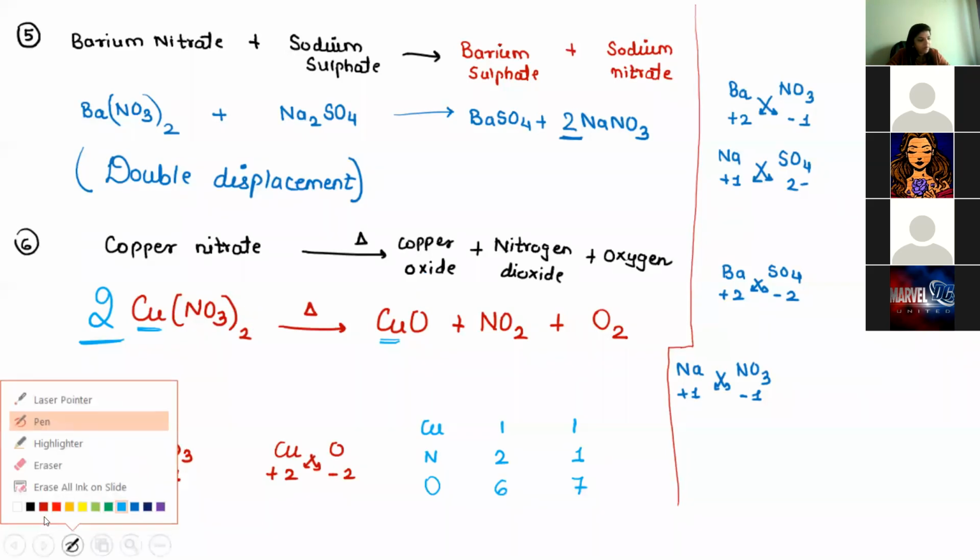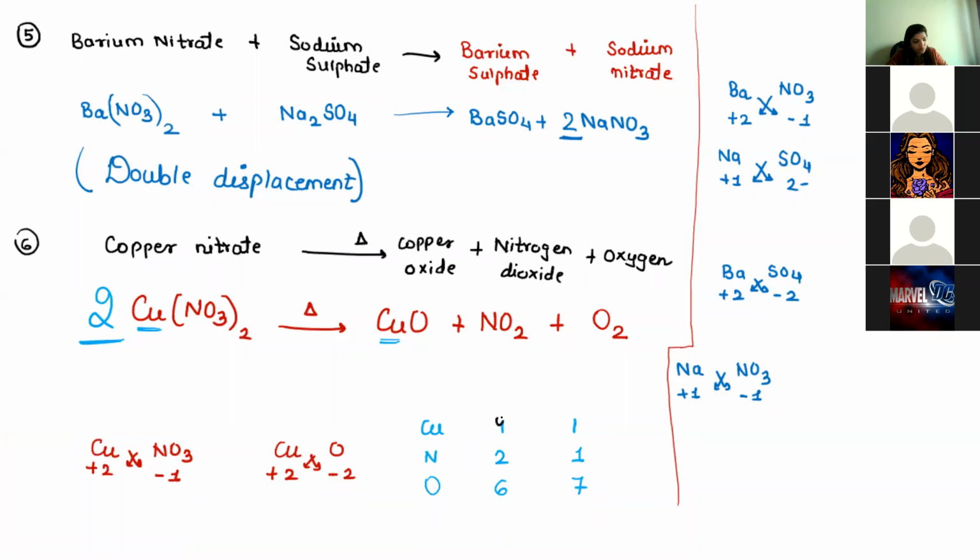Now how many coppers are there? 2, and over here 1, so I'm going to put 2 over here. How many nitrogens are there now? Left hand side, 4. Over here it is 1, so multiply by 4.